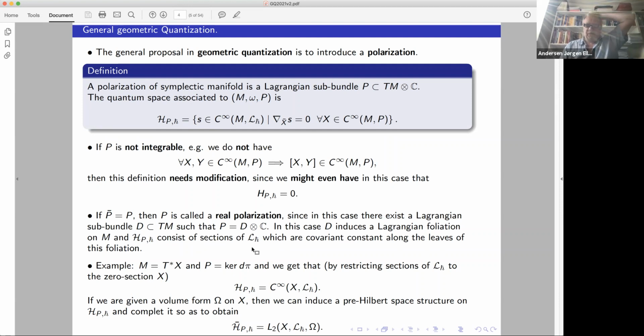So for example, this works particularly well if I'm looking at a cotangent bundle and I'm looking at the vertical tangent space relative to the projection onto X. And in that case, the pre-Hilbert space will just be smooth sections of L restricted to the zero section of the cotangent bundle, which is just X. And then if you're given a volume form on X, you can of course do a Hilbert space completion of this along X. Okay.